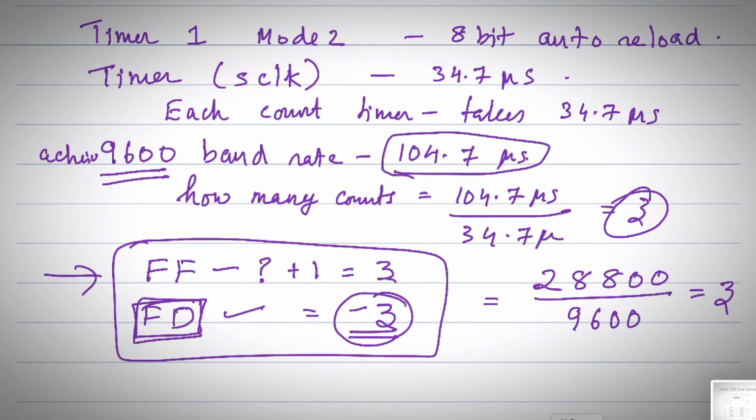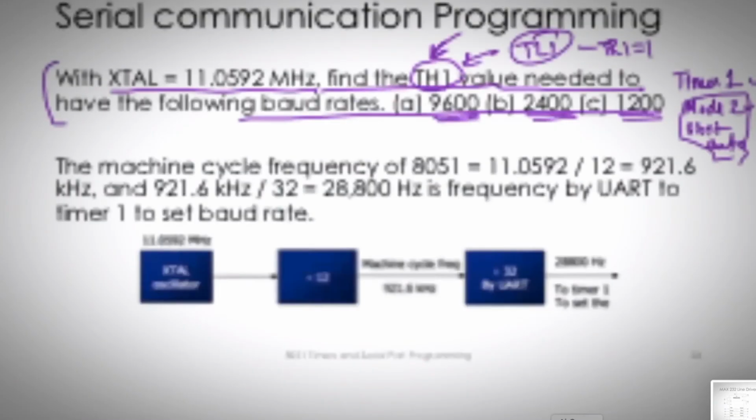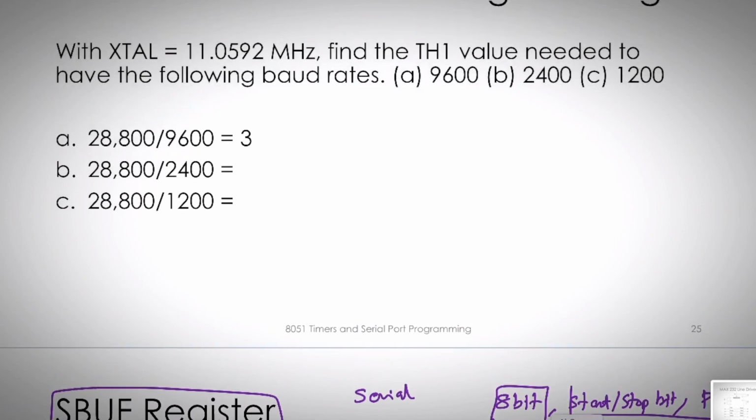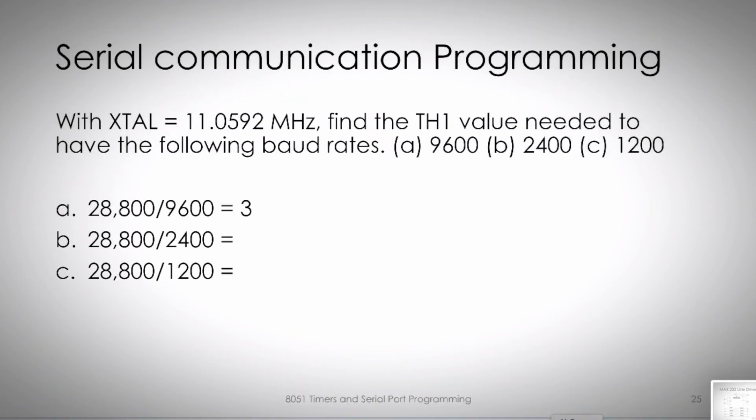So with this idea, we can just go back to this. I need to generate 9600, 2400 as well as 1200. The value to be loaded is very simple. 28800 by 9600 is 3. So the value to be loaded is not 3, it is minus 3. You should write something like this: Move TH1 comma minus 3. What are the remaining values?